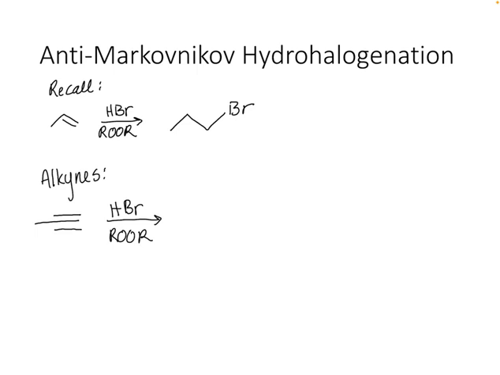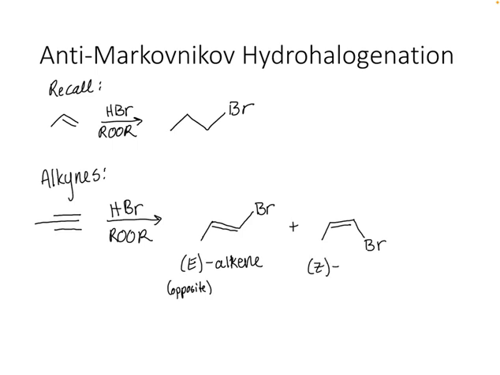So we could end up with an E-alkene, where the higher priority groups are opposite each other. And remember, E stands for opposite. And then we could also end up with the Z-alkene, where the higher priority groups are on the same side of the double bond. So Z stands for same.